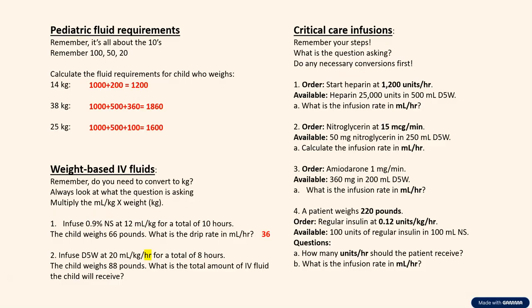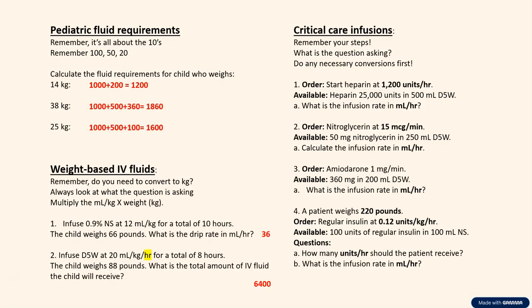I've got a weight that I need to convert. So we do the conversion, 88 pounds becomes 40 kilograms. Going to take that 20 milliliters per kilogram per hour, multiply by the weight in kilograms to give me 800. Going to multiply 800 by 8 hours for a total amount of 6,400 milliliters.